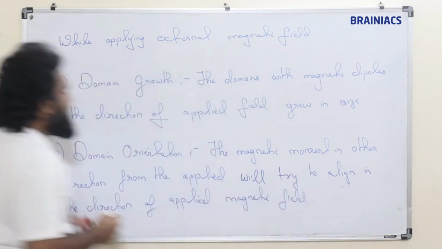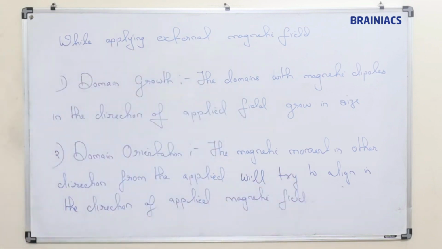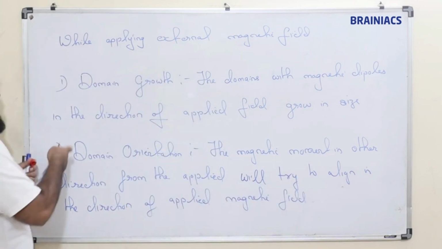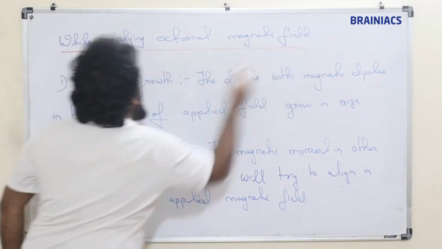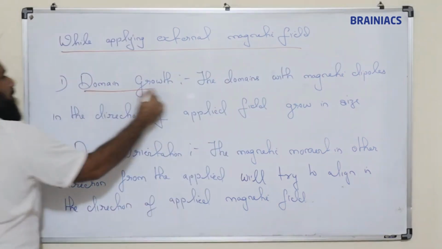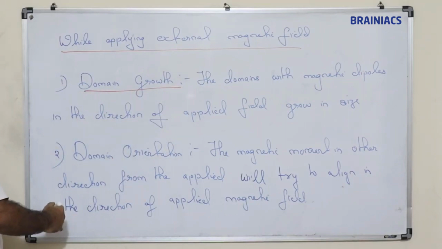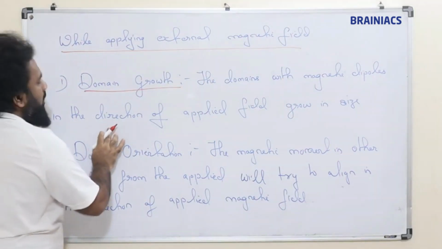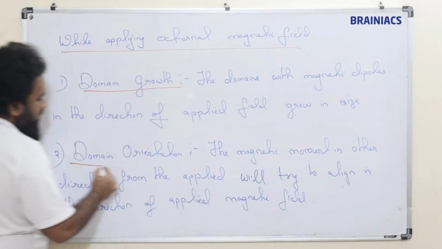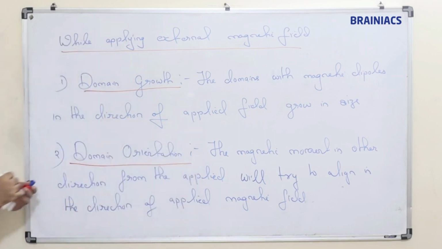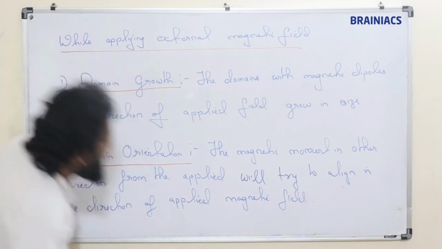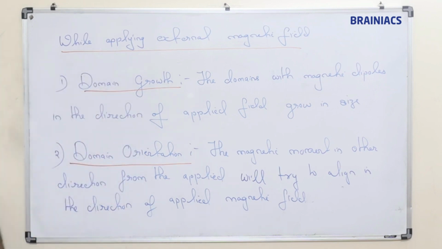This is the second thing that happens. Clear or what? So while applying the external magnetic field, domain growth will happen, and at the same time, domain orientation also will happen. Please note it down. Pause the screen and note it down. Clear? Shall I erase?